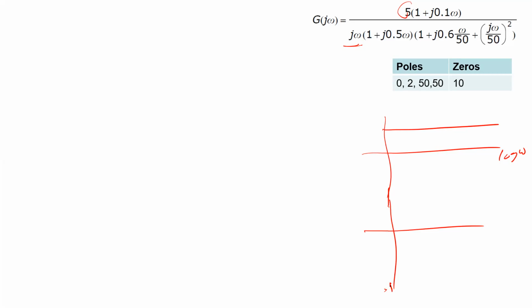You will take minus 20 log 0.1, which will be 20, because this will give you minus 1. And then at 1, it will be 0. So this is coming like this, and will continue.